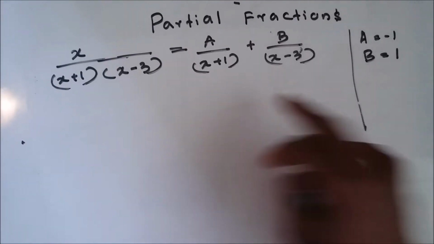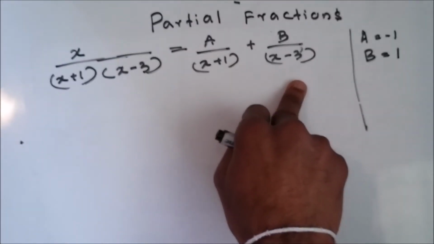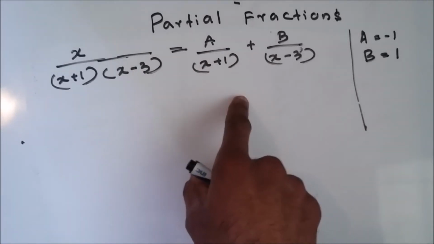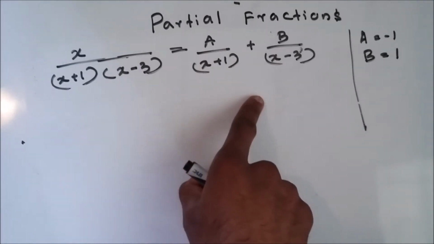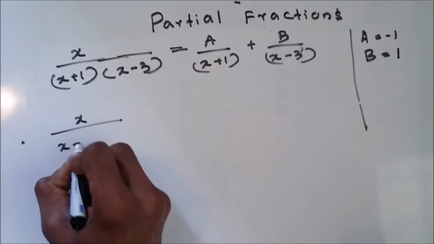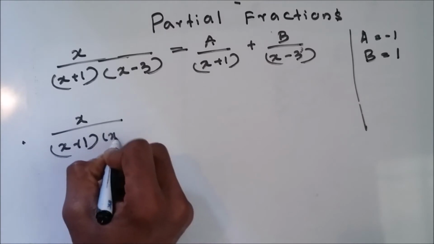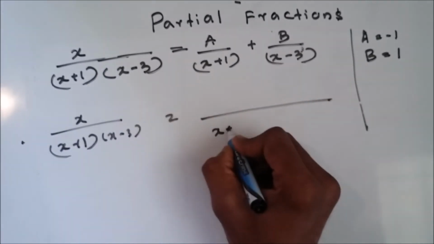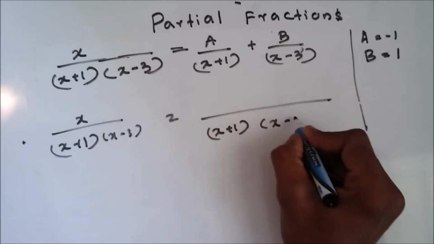Then we should find the constants A and B. We can solve it like the previous example. I am going to take the common denominator, which is (x plus 1) into (x minus 3).